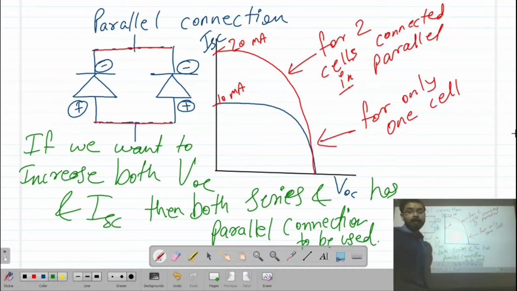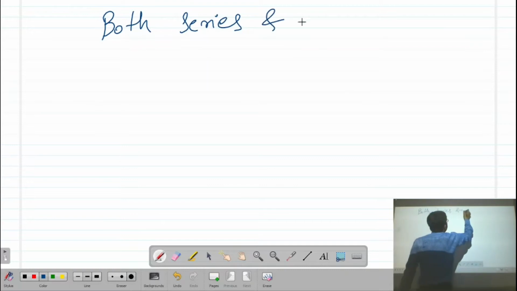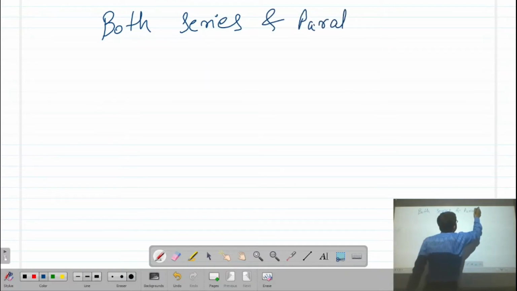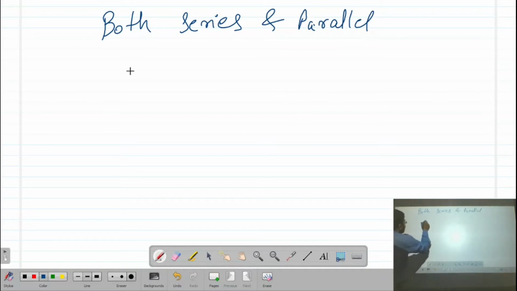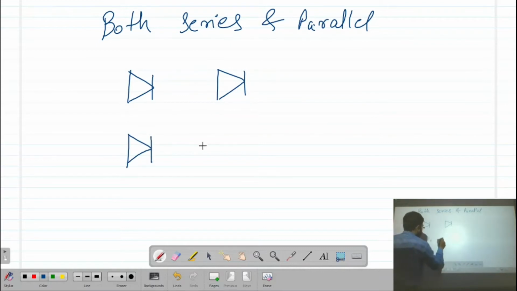Now let us see what the arrangement will be when both series and parallel connections are used, right? Let us say we have one cell over here, one cell over here, and one cell over here.